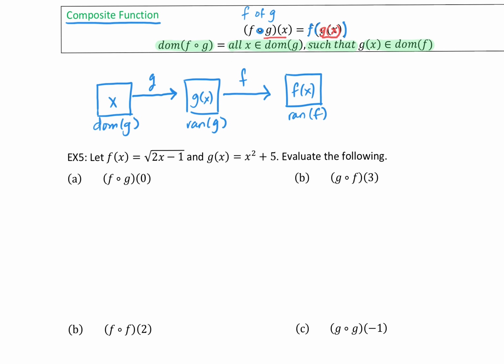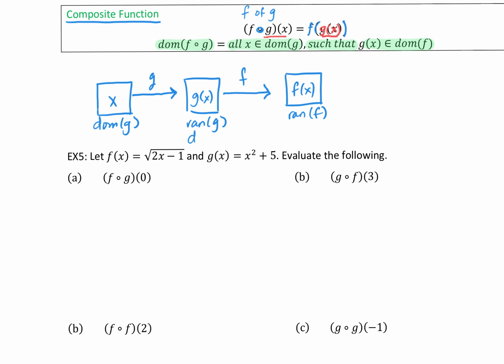So now this range of g is going to be our domain of f. So what the definition says for the domain of f of g is that you're going to take all the x's in the domain of g such that those g of x's are in the domain of f.